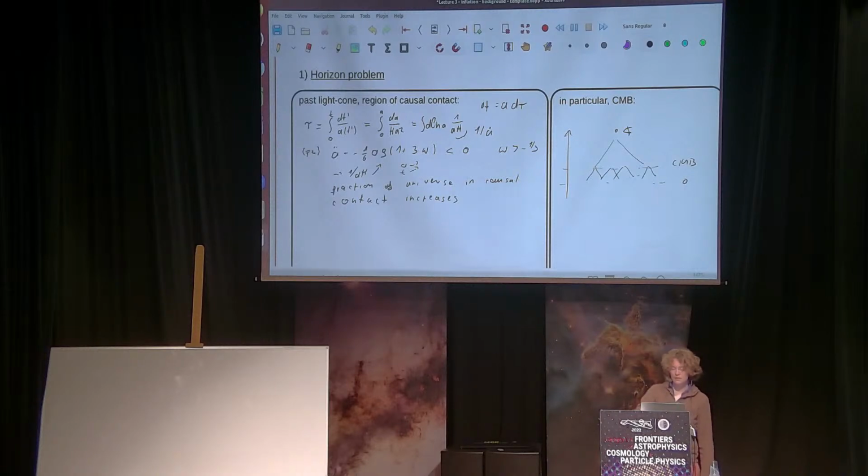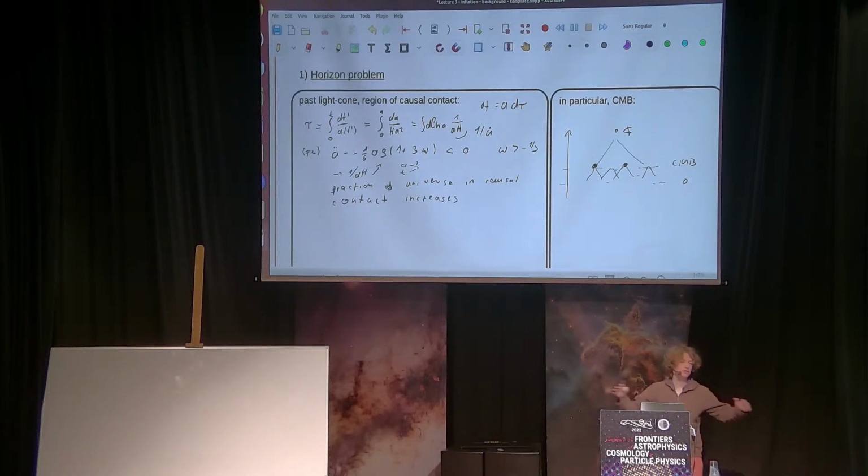And in particular, it means that one point of the CMB here and one point of the CMB here, their light cones in the past never overlapped, right? Meaning there's absolutely no way in a universe that has the condition omega larger than minus 1/3 that any information can be exchanged between this patch of the CMB and this patch of the CMB.